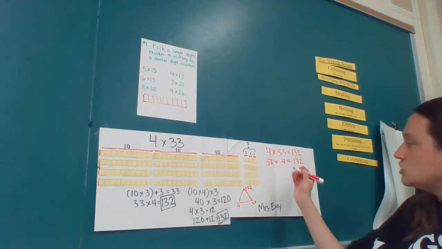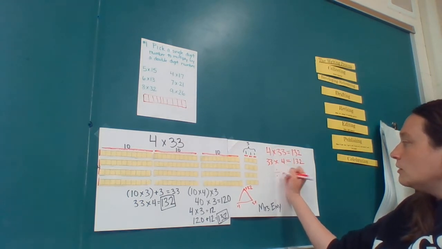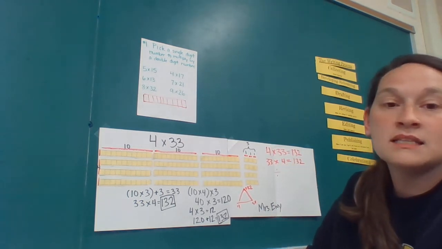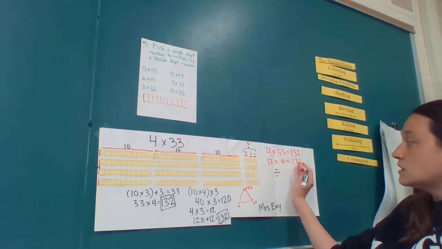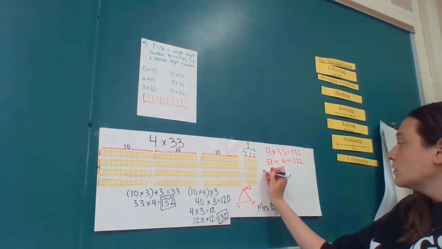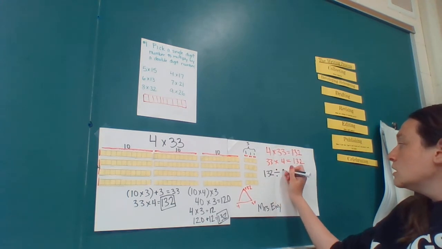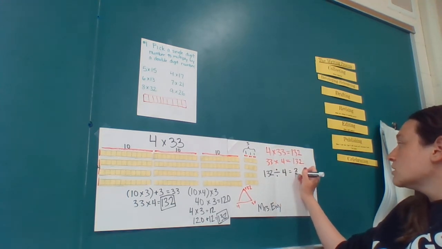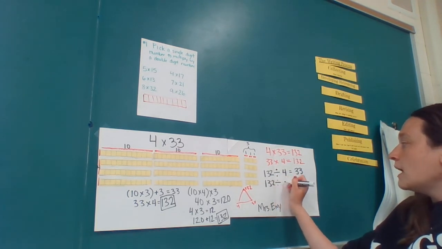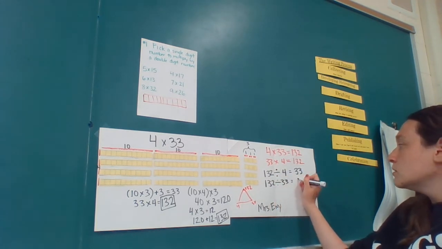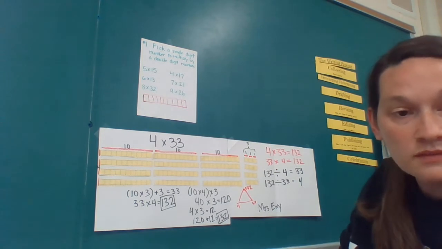Now for my division, I know with division that the product is what goes first in a division problem. 132 divided by 4 equals 33. And then 132 divided by 33 equals 4. There's my facts family right there.